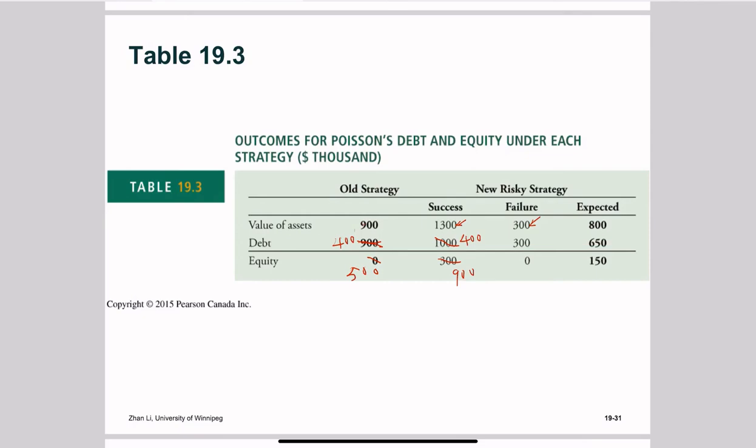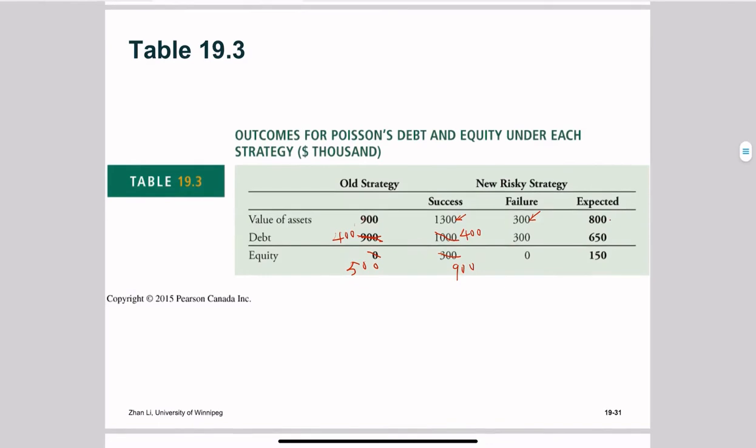And of course, the expected value here would be 800, and then the expected value of debt would be 350. And you can find out the expected value of the equity would be 450. So we would compare these two cases, right? The case of this old strategy and the case of the new risky strategy.